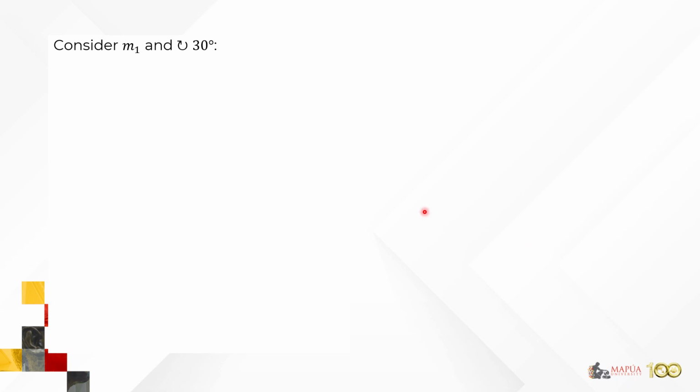So to answer, I'll give you a hint here to help you evaluate the value of the acceleration. What we're going to do here is to draw our free body diagram, and then rotate our object, the block M sub 1.